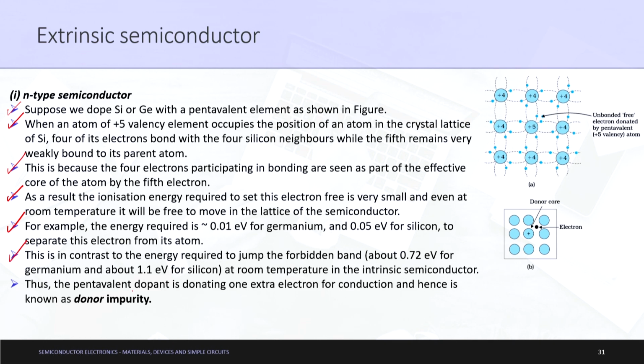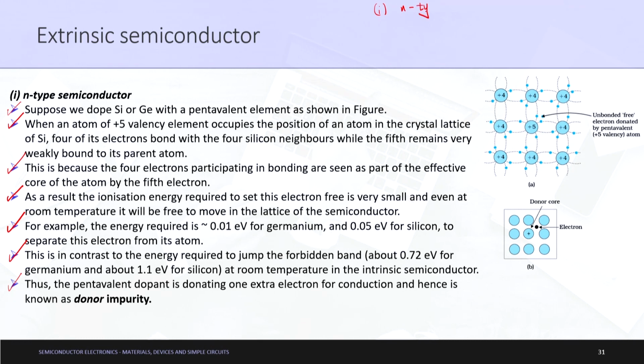Thus, the pentavalent dopant is donating one extra electron for conduction and hence is known as a donor impurity. Please remember these terminologies are very important, because as the lecture goes on many such terminologies come and it becomes confusing to remember everything. So, I will keep on revising everything here.